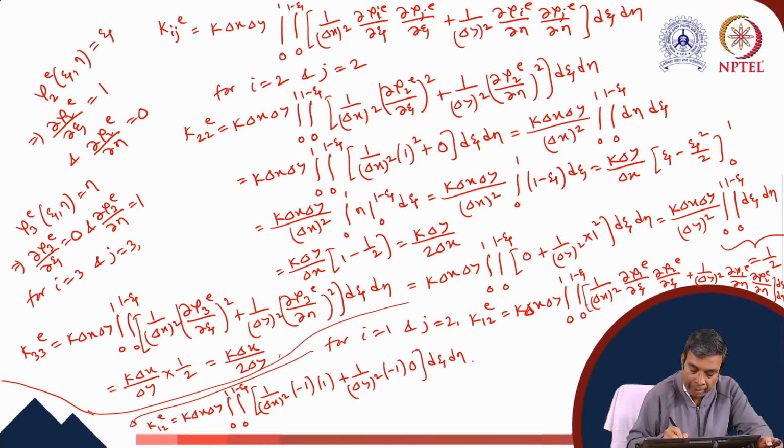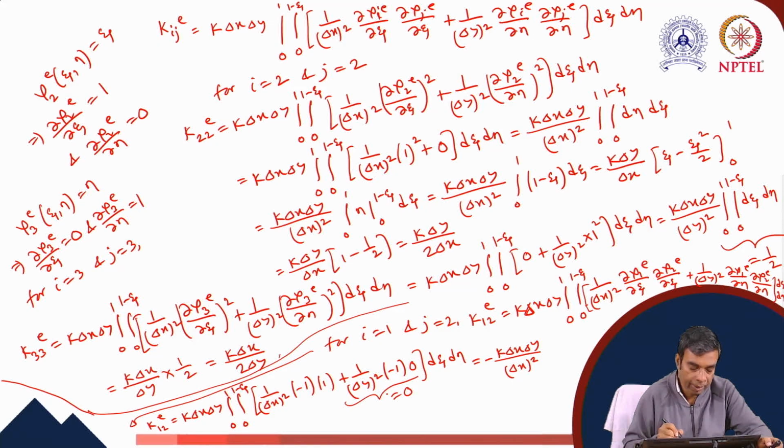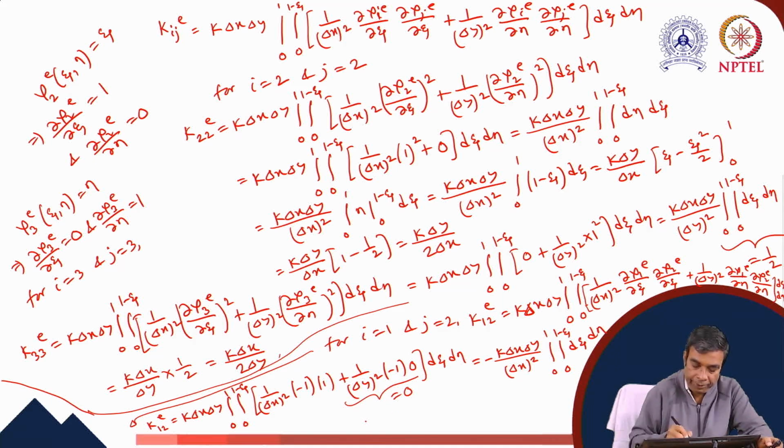So we have here minus k del x del y by delta x whole square. The minus sign will come at the front. So integration from 0 to 1, integration from 0 to 1, minus xi d xi d eta.